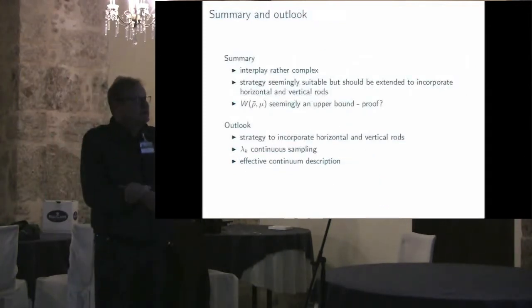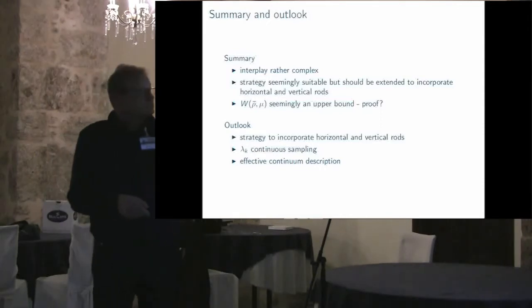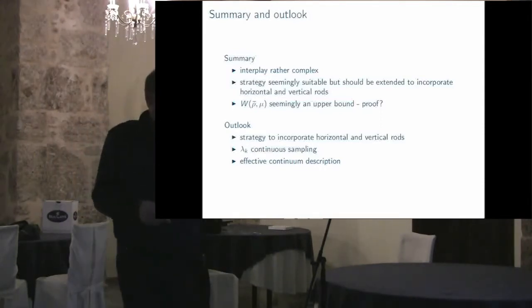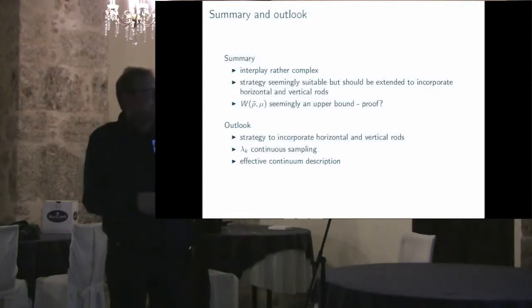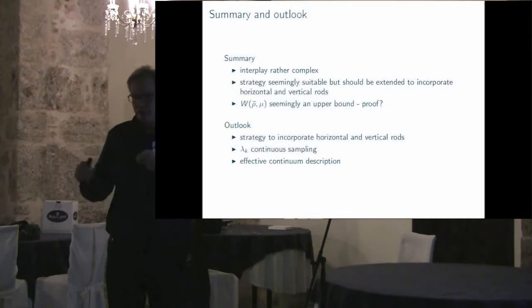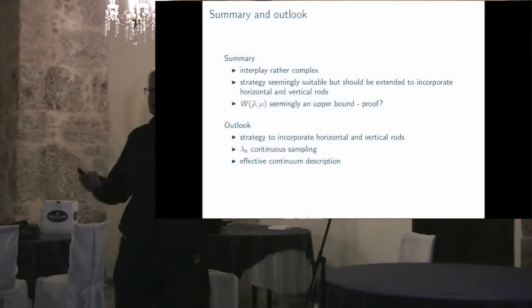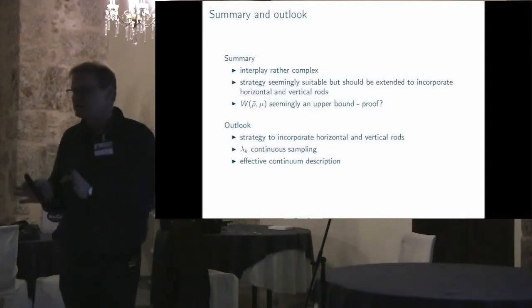So to sum up, the interplay between topological, geometrical characteristics and material properties is rather complex. The strategy we applied for varying the material properties should be extended to incorporate also the horizontal and the vertical rods.